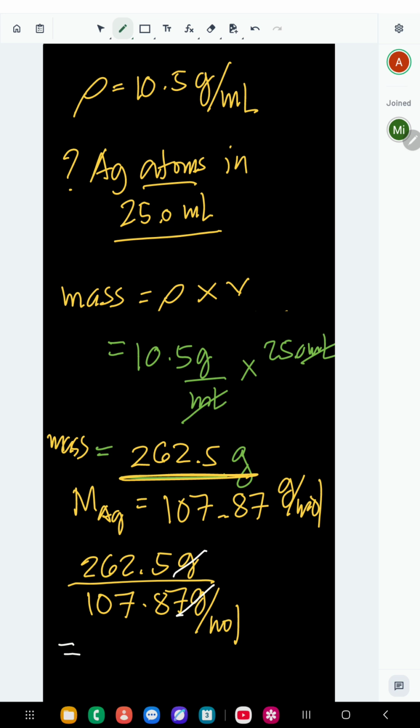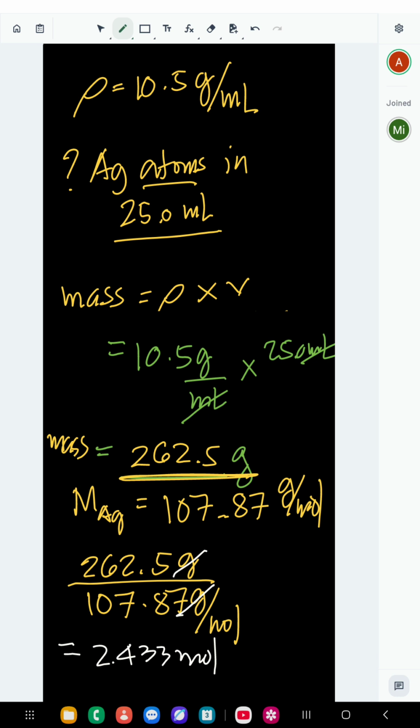So 262.5 divided by 107.87. What did you get? Okay, 2.433 moles of silver. But the one that is asked in the problem is how many silver atoms?